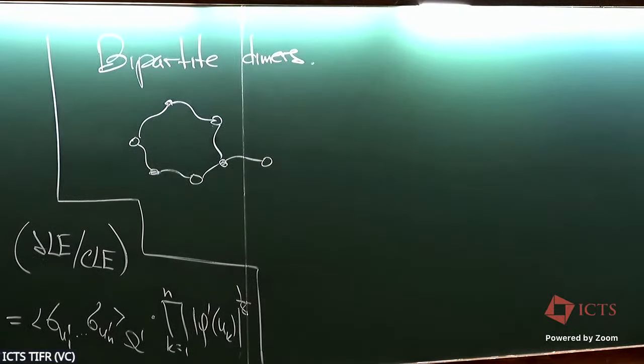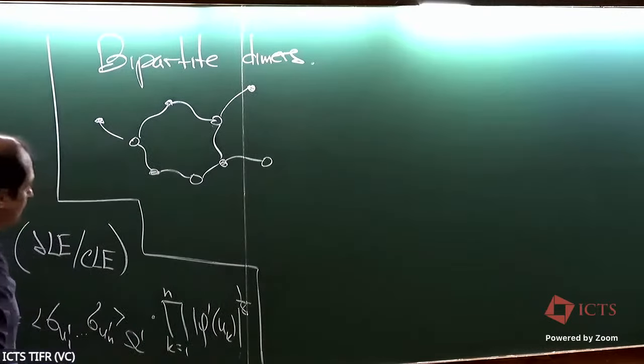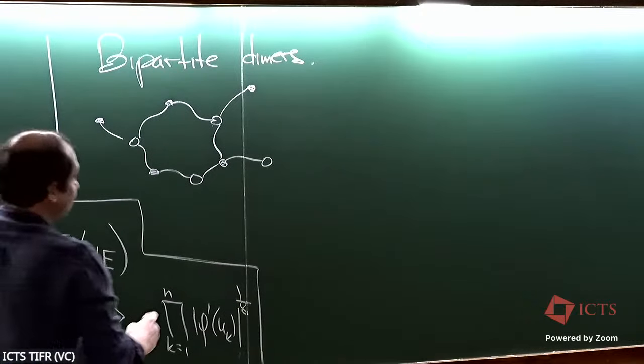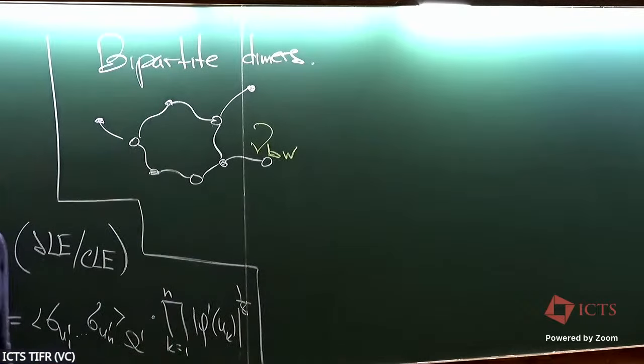It's just a combinatorial object. So there is this bipartite graph. Now, to every edge, there is a parameter assigned, and my name of this parameter will be nu. B is the usual notation for black vertices, and W is the notation for white vertices. So there are parameters assigned.